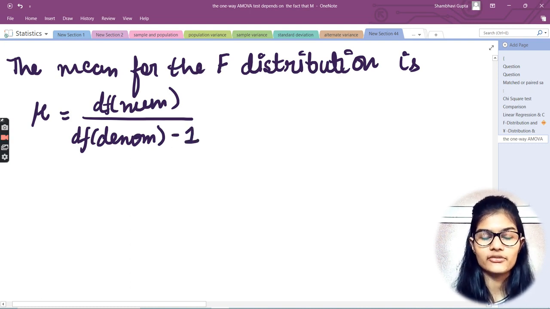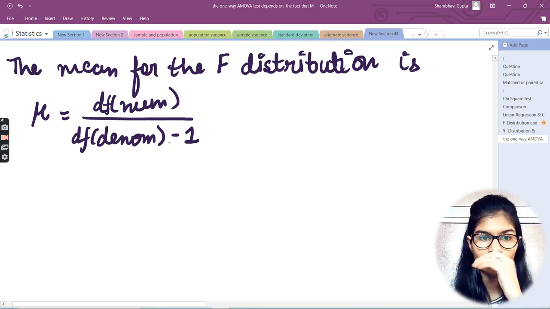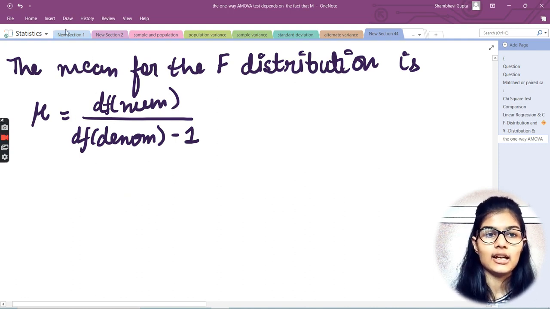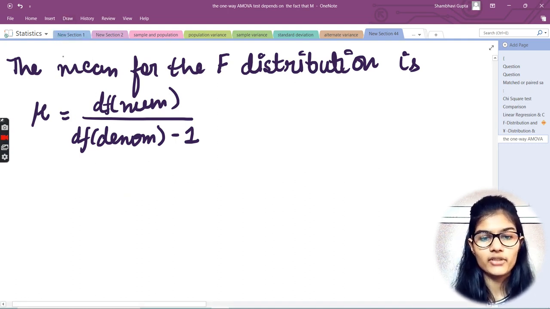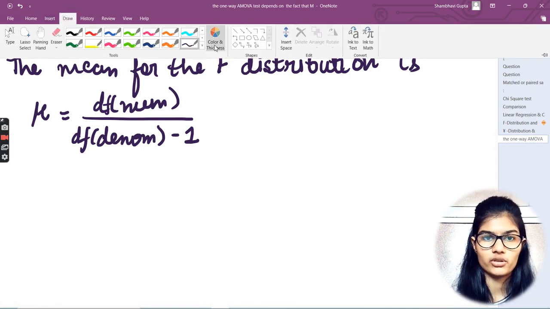So this is the formula for the mean of the F distribution. Again, mu is equal to the degrees of freedom numerator divided by the degrees of freedom denominator minus 1.